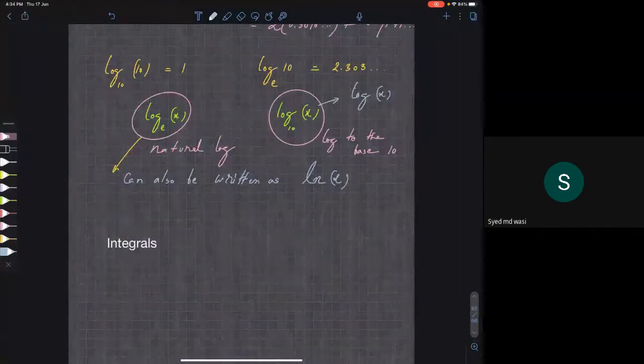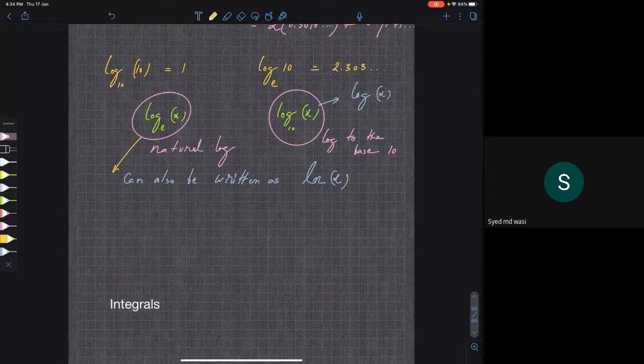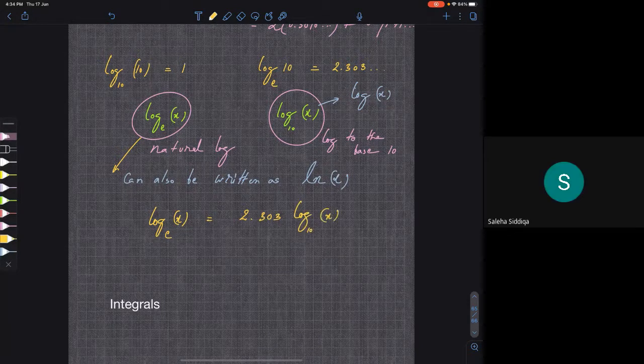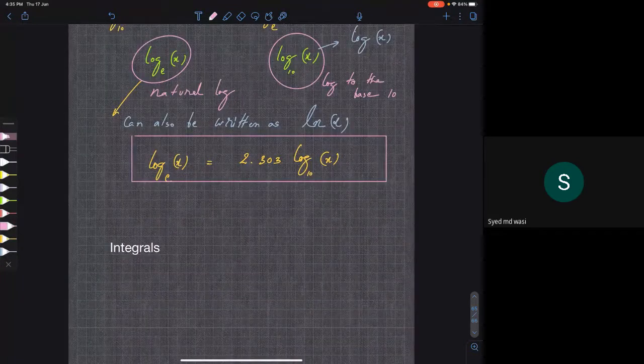I think you are trying to say this. Yes, this is correct. This is always true. So x can be anything: x can be 10, x can be e, x can be 100, x can be 2, 3, 5, anything.